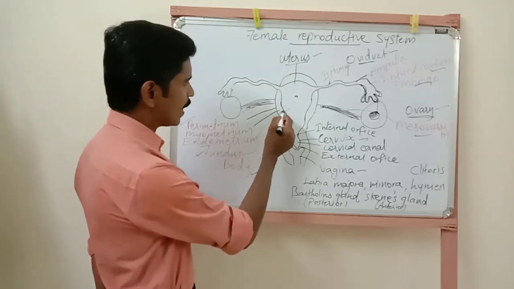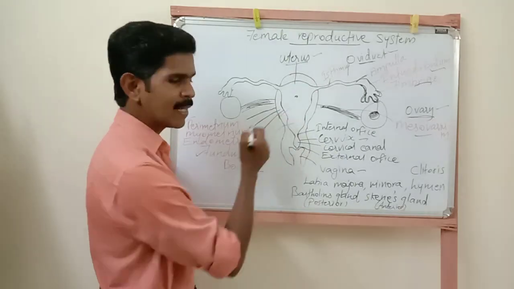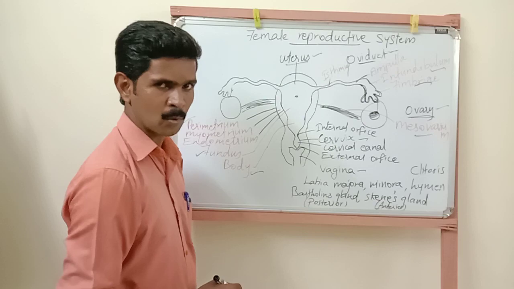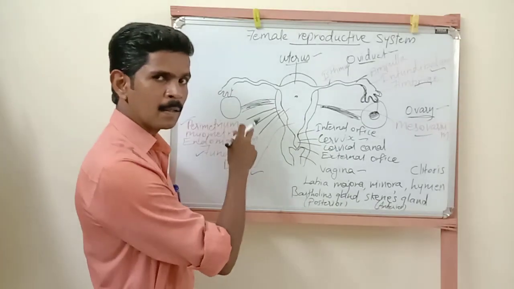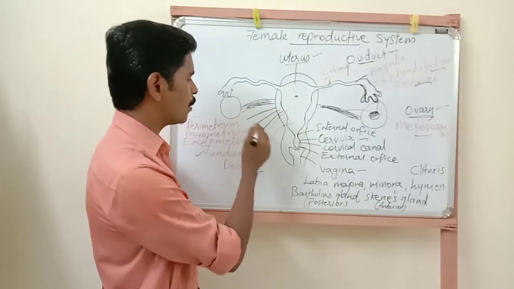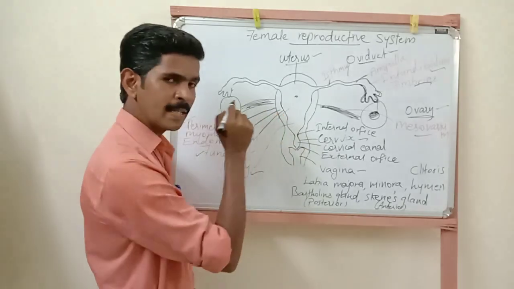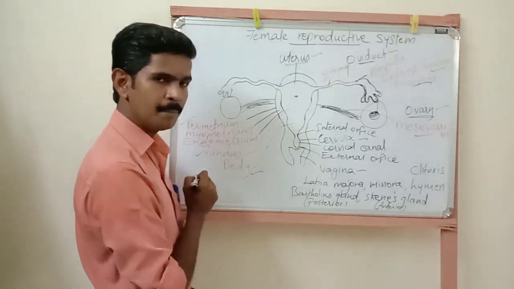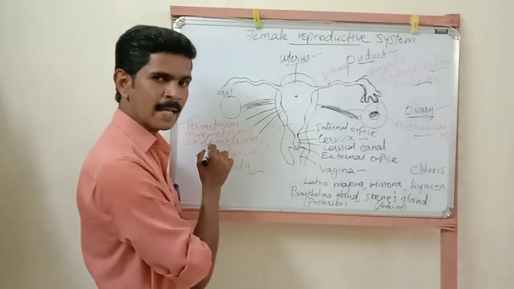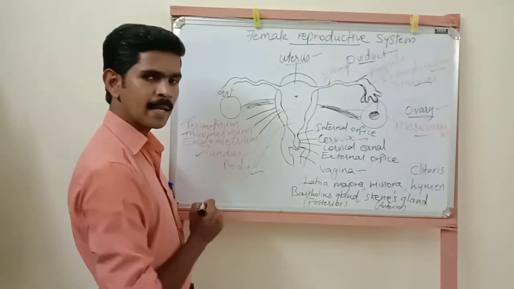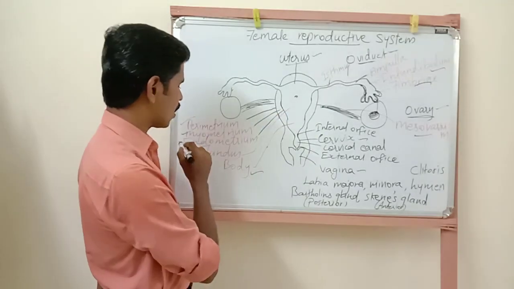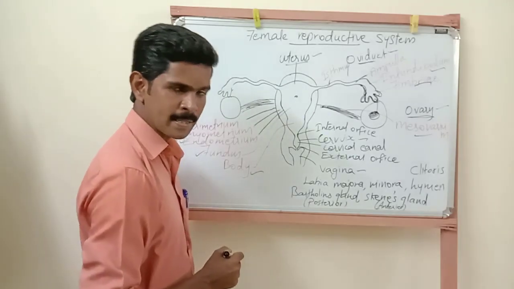And the inner layer is called endometrium. It's a glandular portion. Once again, the wall of the uterus is made up of three layers. The outer layer is very thin, called perimetrium. The middle layer is a thick, muscular layer called myometrium. And the inner layer is called endometrium. It is glandular in nature.